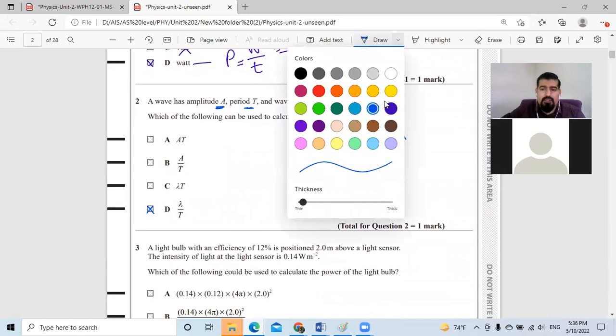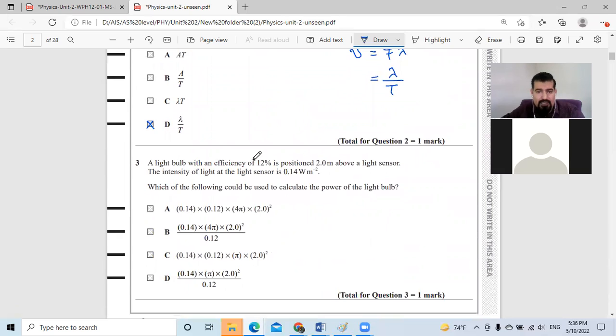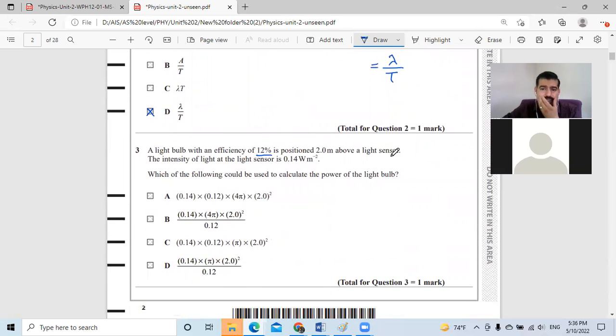Next question. A light bulb has an efficiency of 12%. It's positioned 2 meters above a light sensor, and the intensity of the light at the sensor is 0.114 watt per meter squared. Which of the following could be used to calculate the power of the light bulb?